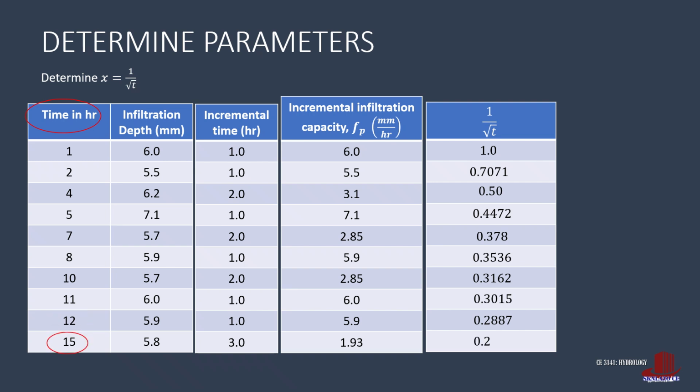Then lastly, the reciprocal of the root of 12 is 0.2582. These are the values of x in the graph, and y is the incremental infiltration capacity.